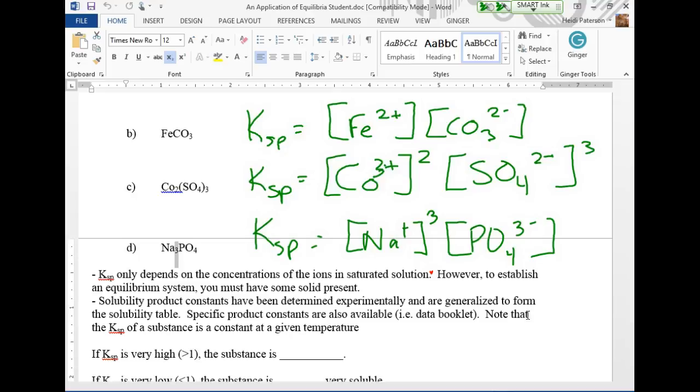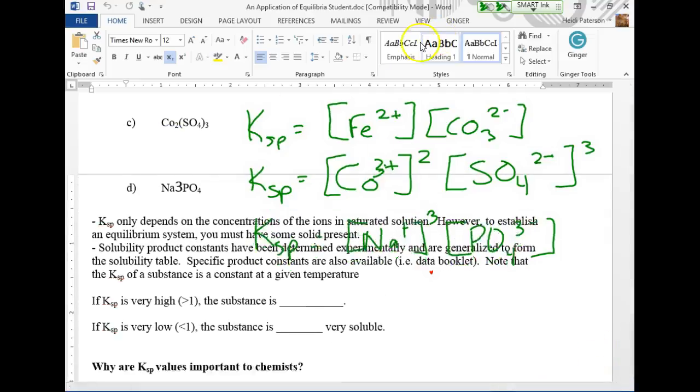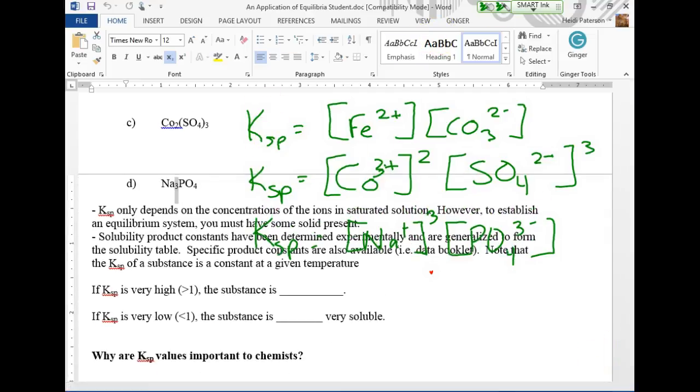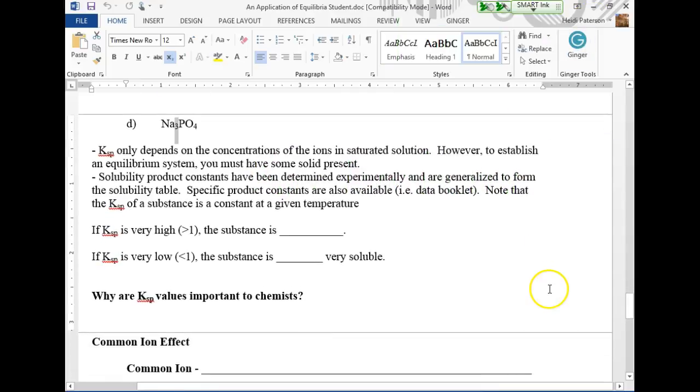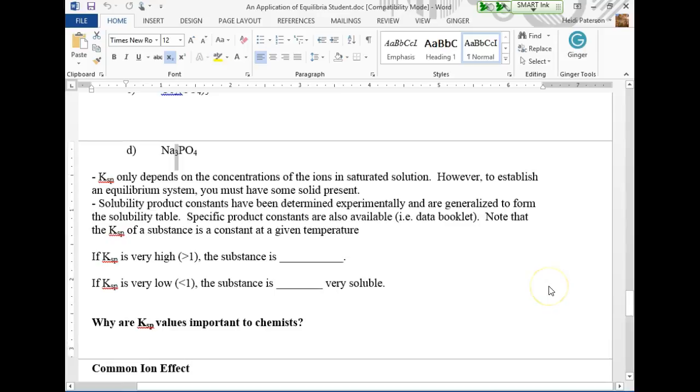Versus if you have a K value that's less than 1, that means that the crystal really is not dissociating very well. We would say that if something has a K value less than 1, it is not very soluble. So, why would we care?